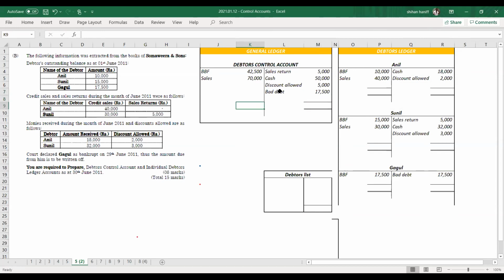Now let's calculate the closing balance.